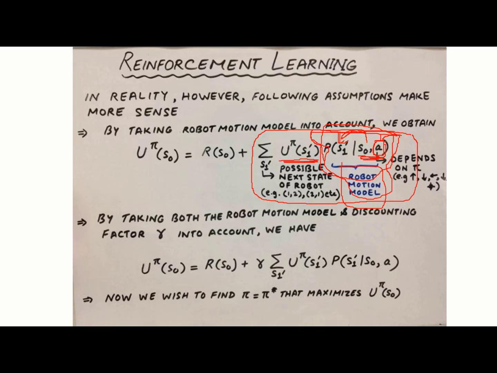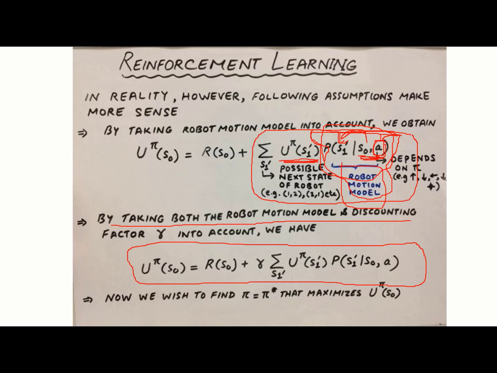So if we take the robot motion model into account as well as the discounting factor, the final expression is like this. We say that the expected accumulated reward when a robot begins its journey in the state S0 is R(S0) plus gamma times the weighted sum of expected accumulated rewards of its next immediate or neighboring states S1 prime, and the weights are actually the probabilities of the robot motion model.